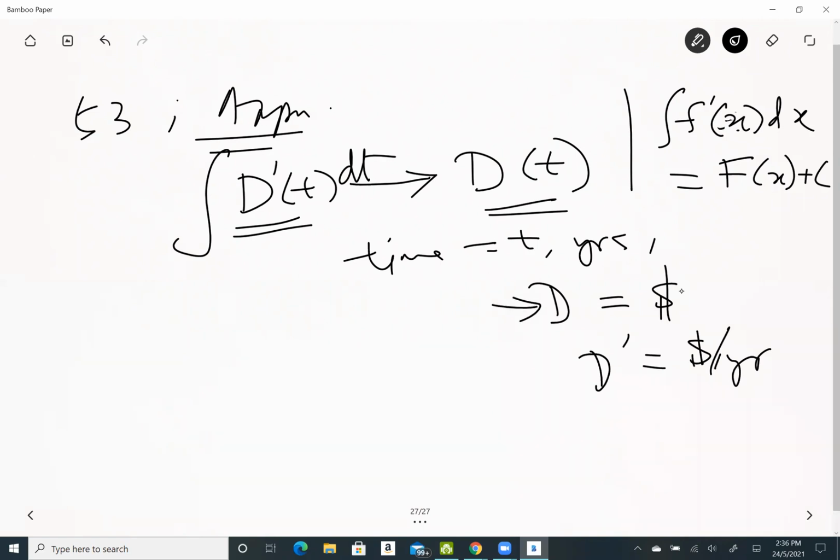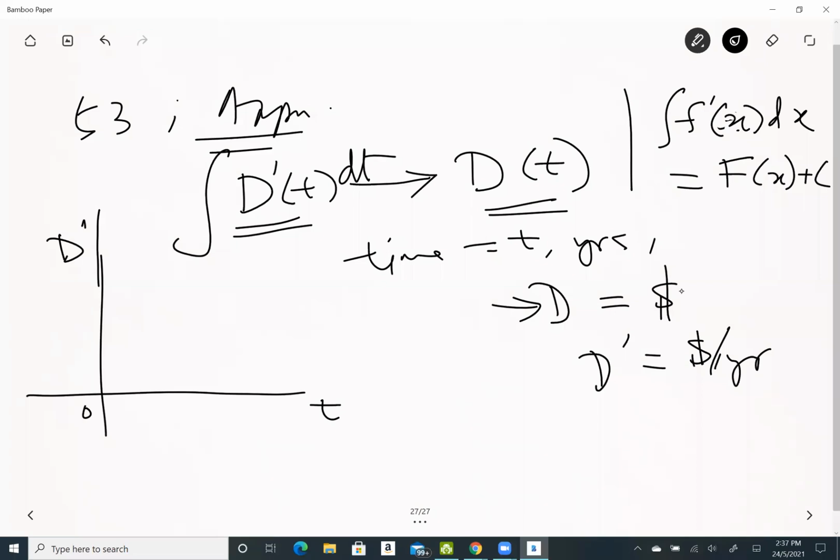Now it's good that we sketch the graph so that we see what we are looking at. You draw D prime against t. Now look at the function there. What kind of function do we have?